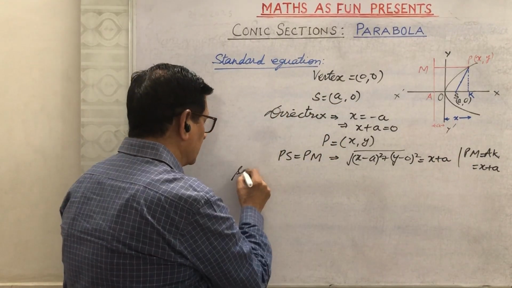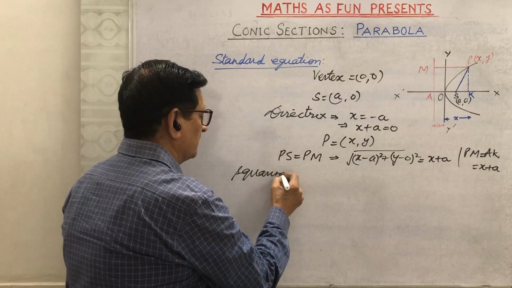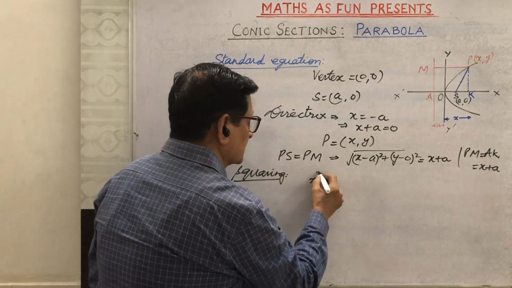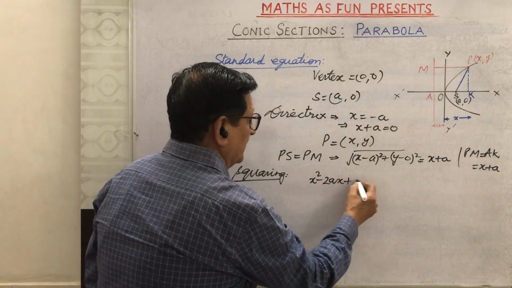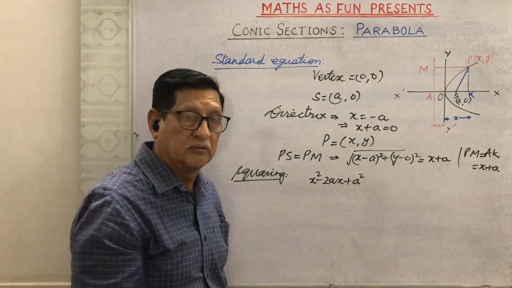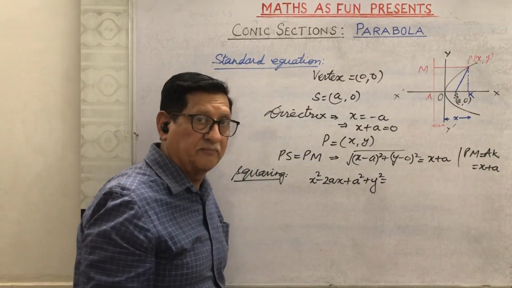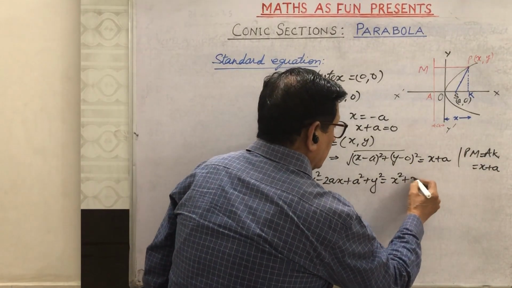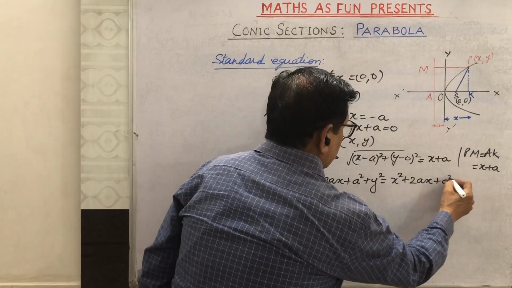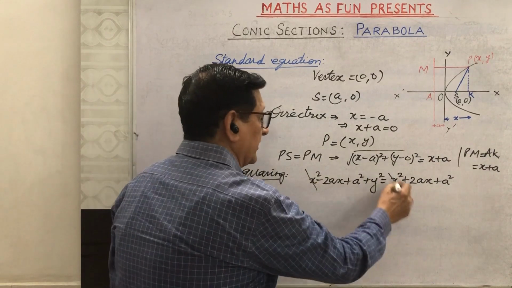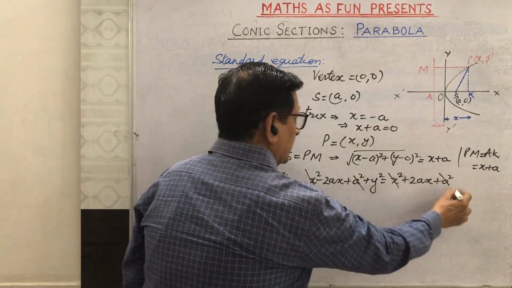If we square both the sides, we find x square minus 2ax plus a square plus y square will be equal to the whole square of this, that is x square plus 2ax plus a square. The x square and a square cancel.